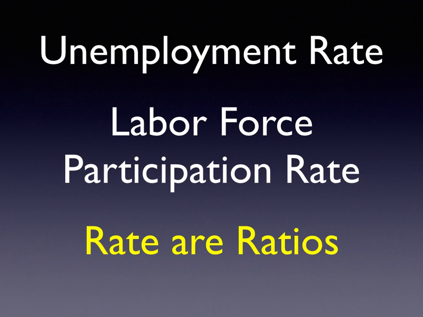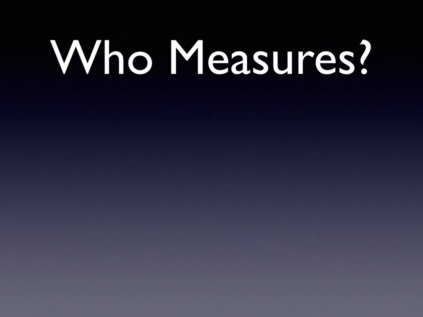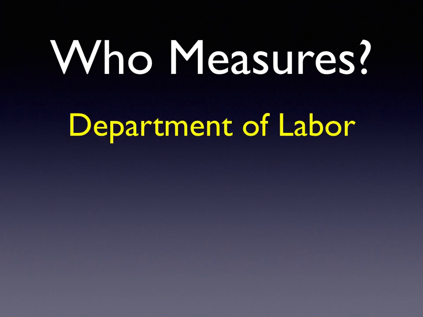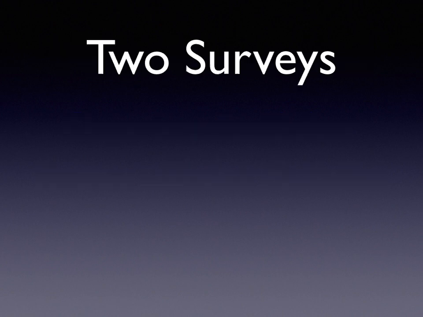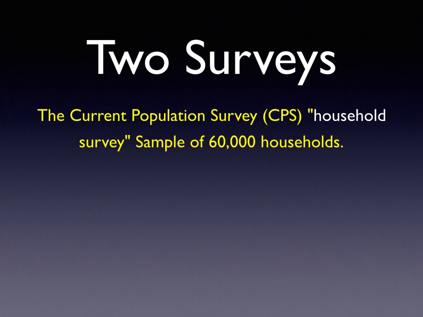It might be helpful. So who measures to determine the unemployment rate? In the United States, two different surveys are conducted, one by the Department of Labor and another by the Bureau of Labor Statistics. The first survey is called the Current Population Survey, or the CPS, and it samples 60,000 households to determine the unemployment rate.